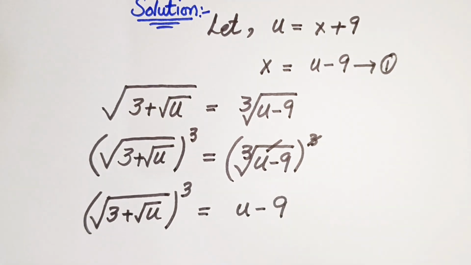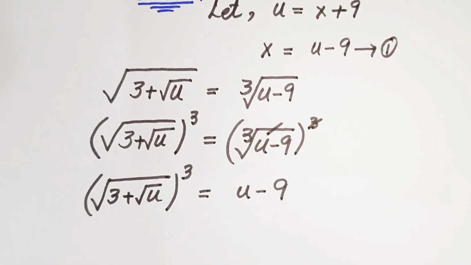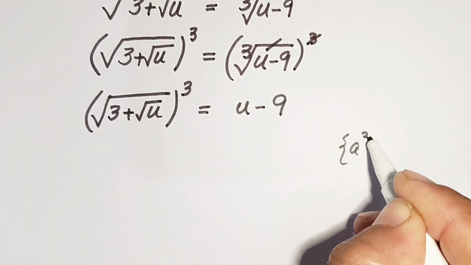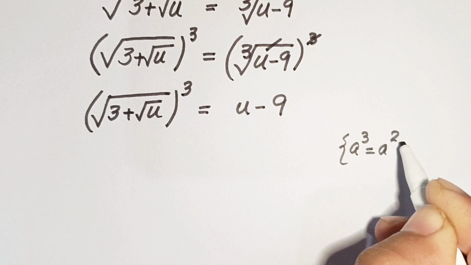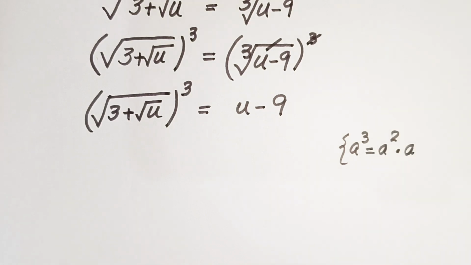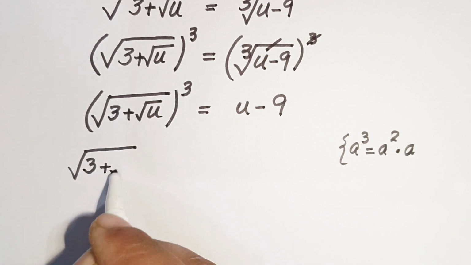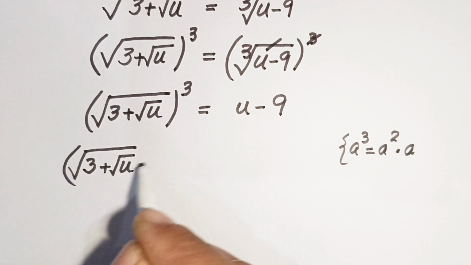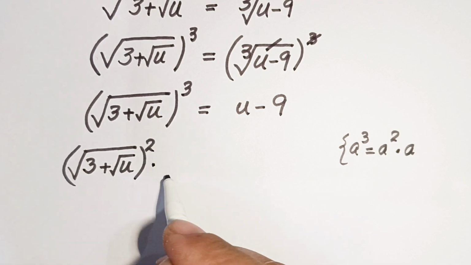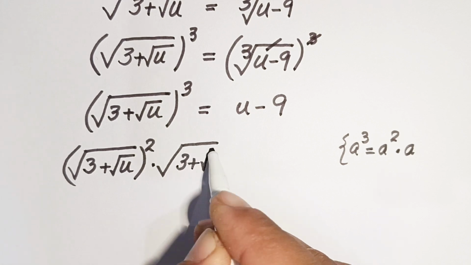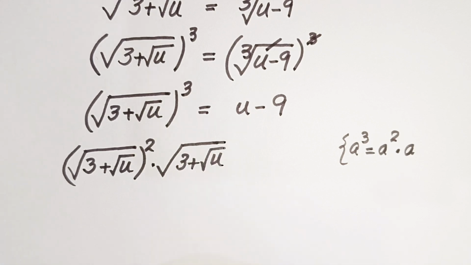Now, as we know that if we have a cubed, it is equal to a squared times a. So we write the square root of 3 plus square root of u, whole squared, times the square root of 3 plus square root of u.